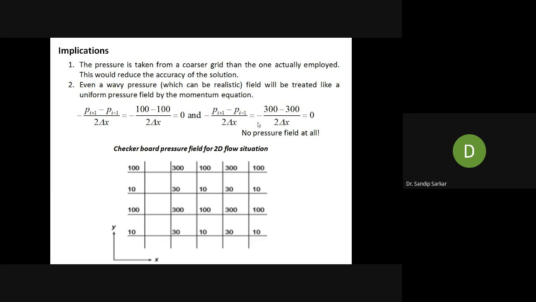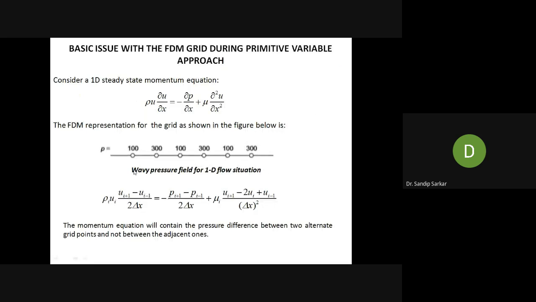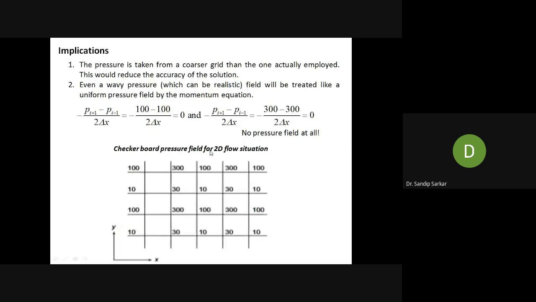Now this is the situation for the one-dimensional case. What happens if you try to see the situation for the two-dimensional case? We may have the same situation in the two-dimensional case also.